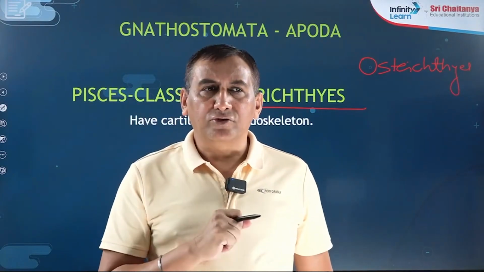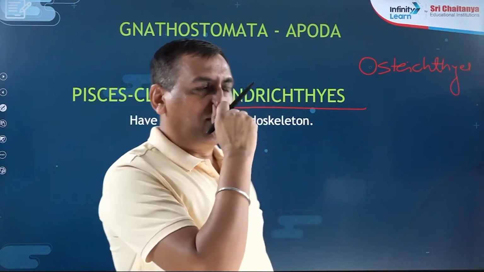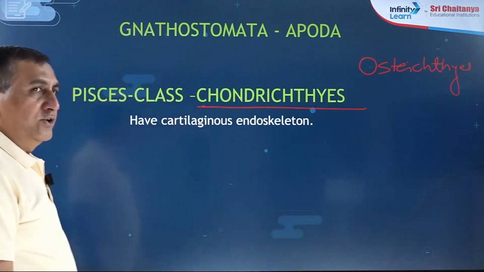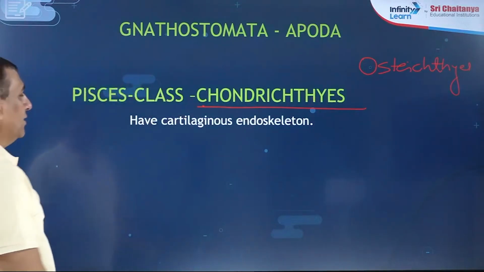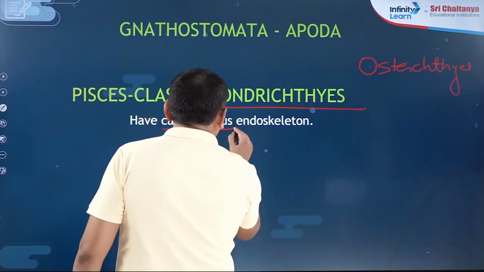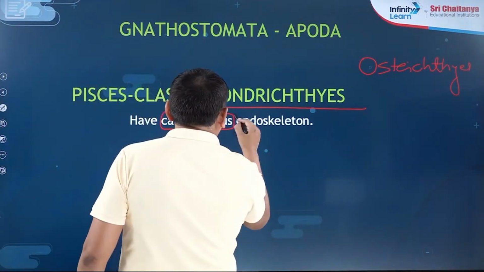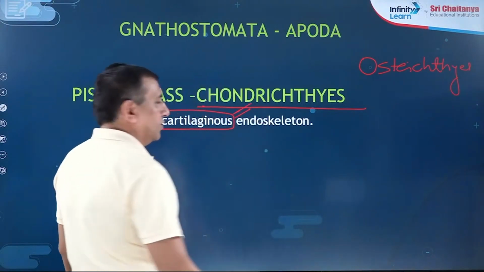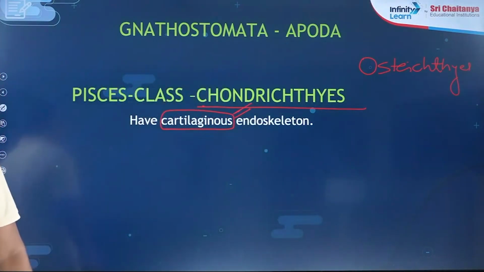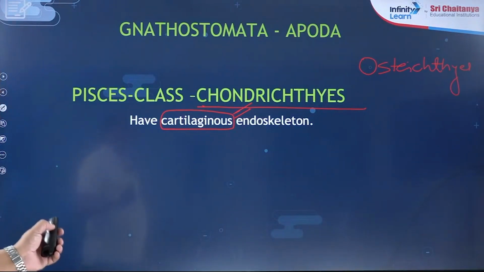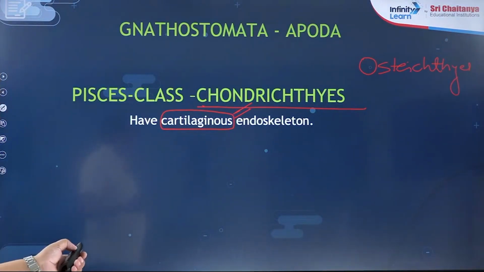Osteo means bones. Chondrio means cartilages. So those who have a cartilaginous endoskeleton are known as the chondrichthyes.